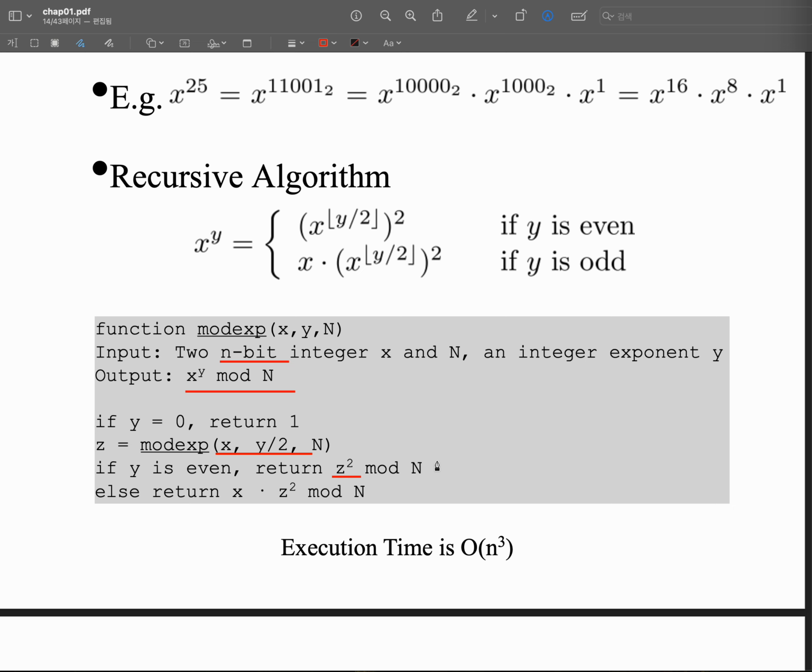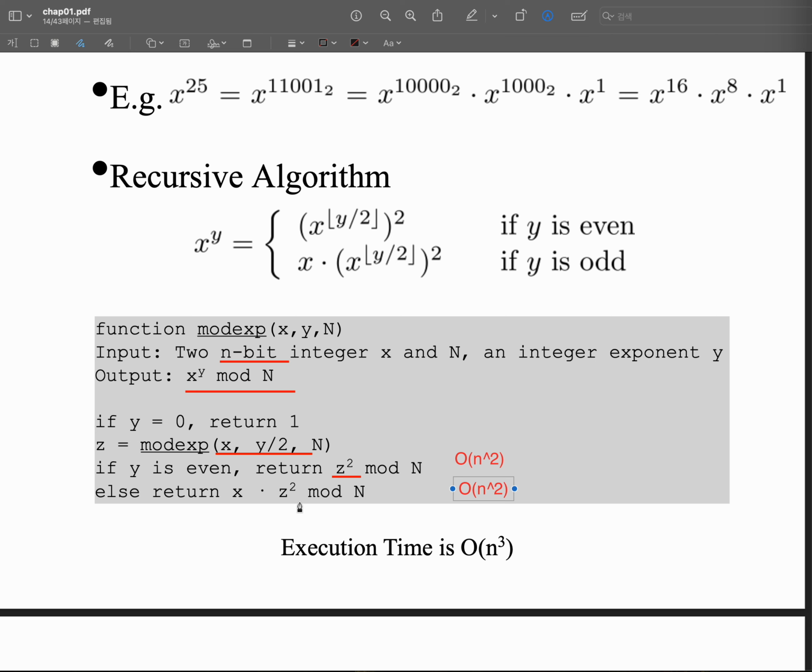So the total execution time of this will be big O of n square, and this one will be the same, n square here.